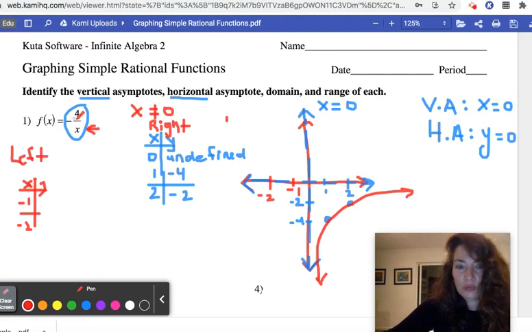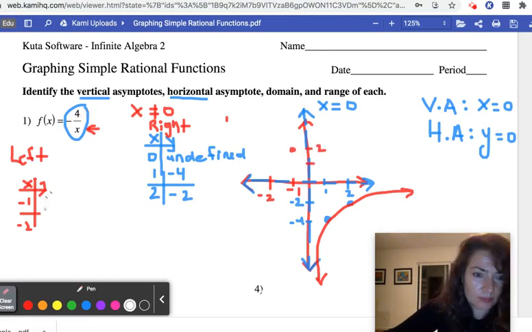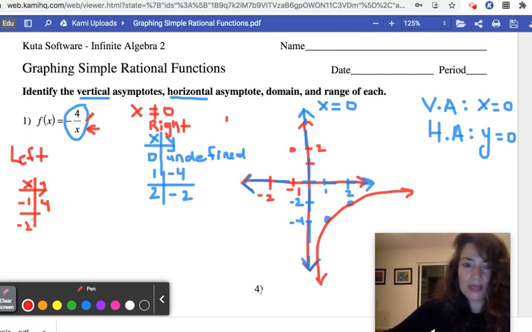So going back, when we plug in negative 1 for x, we have negative 4 divided by negative 1. That ends up being positive 4. And when we plug in negative 2, negative 4 divided by negative 2 is positive 2.